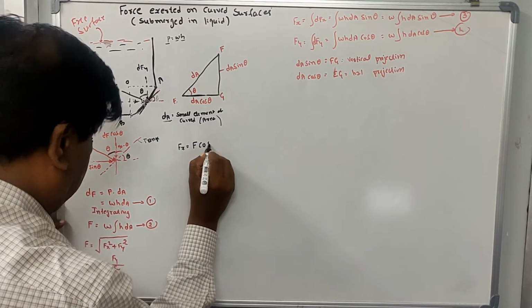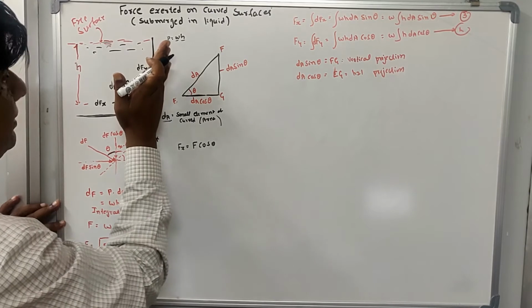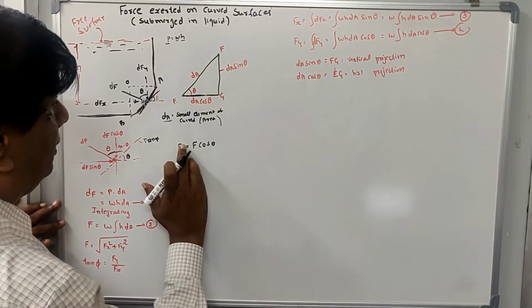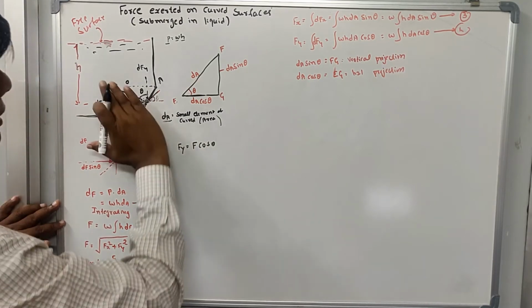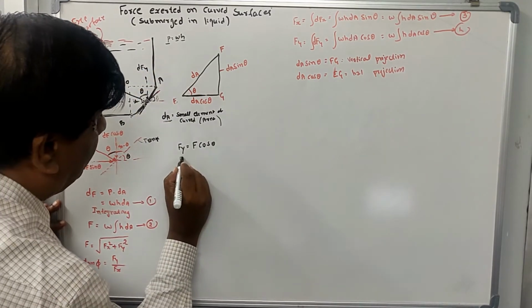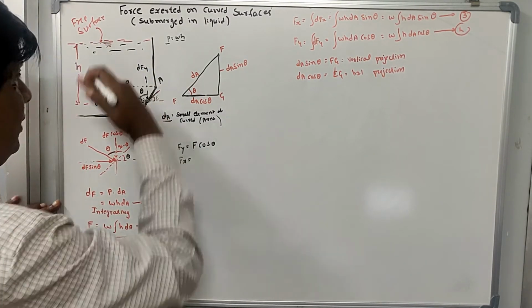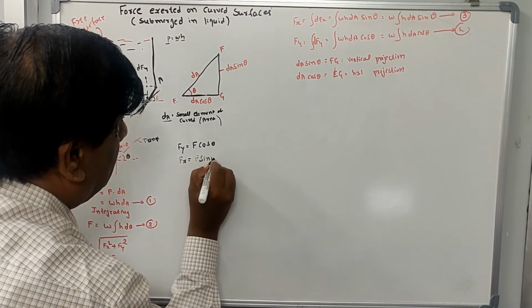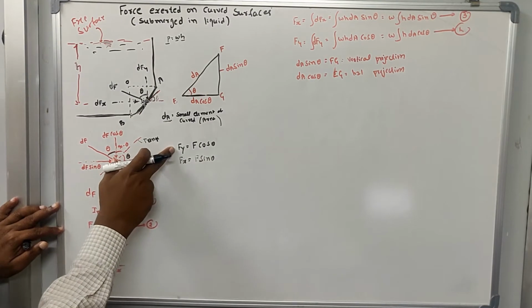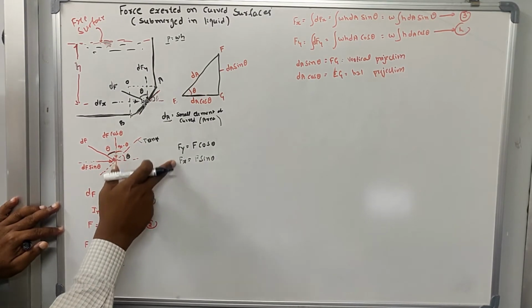Fy is equal to F cos theta, and resolving this in the horizontal direction, Fx is equal to F sin theta. So you find the horizontal and vertical components.